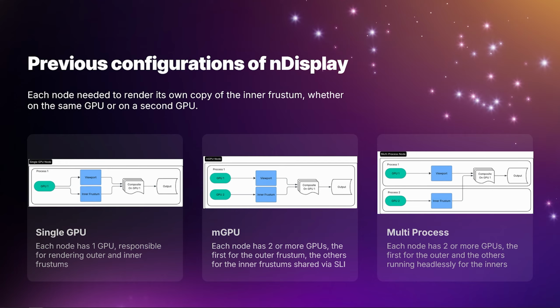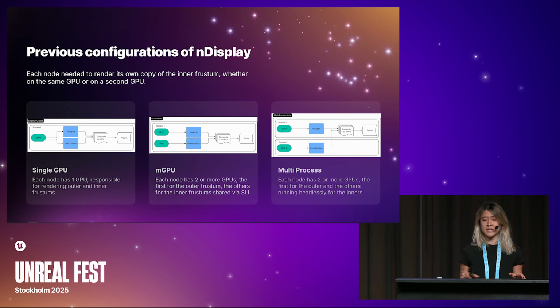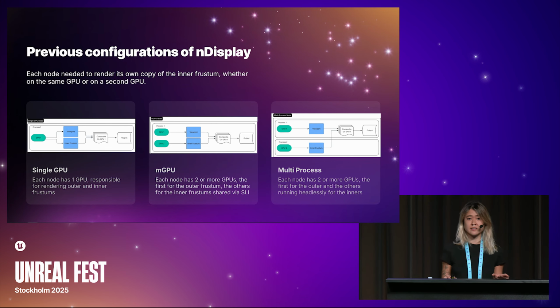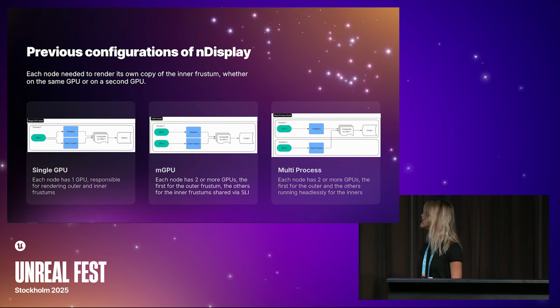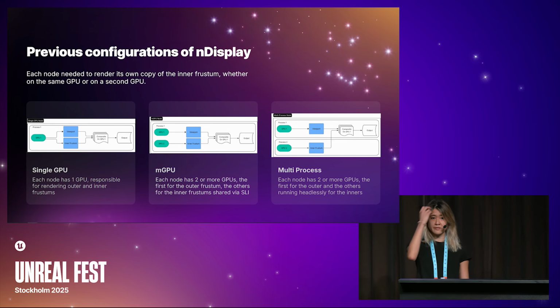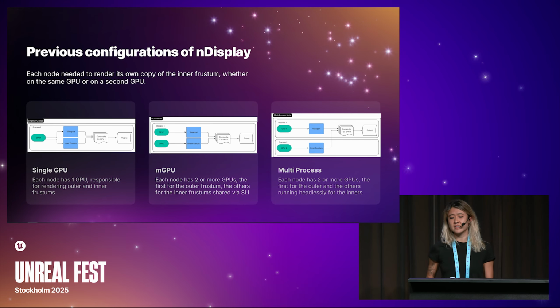So then you could have the inner frustum render on the second GPU and share it to the first, and then send it out for output. Or there was multiprocess, which is also 2 or more GPUs, but it's split into 2 different processes. So you have the first process rendering the outer frustum, and then a headless instance of Unreal rendering the inner frustum.